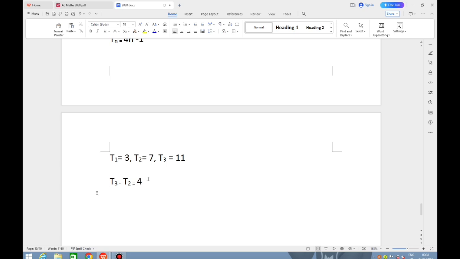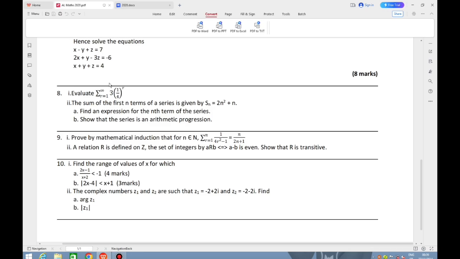Now T2 minus T1 is equal to 7 minus 3, which is 4. So hence it's an arithmetic progression. So that's basically it for question 8, A and B.